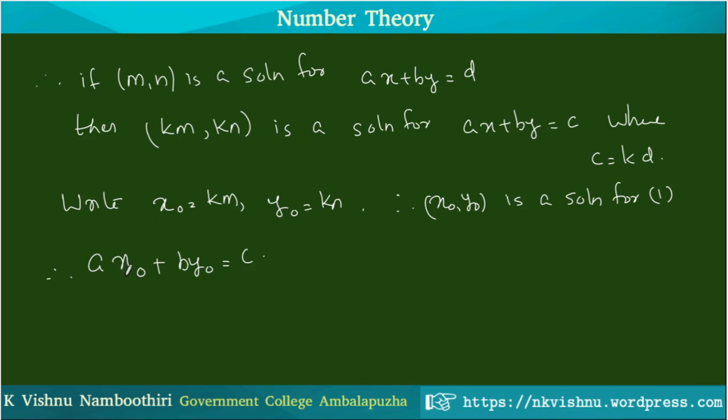Now suppose that another solution exists. We don't know how many solutions there are. We want to see if at all a solution exists, how it looks, etc. So for getting another solution, we may need to modify this x0. Suppose we change x0 to another integer x1, then naturally we may have to change y0 also, because for the equation to balance, we should change y0 to y1.